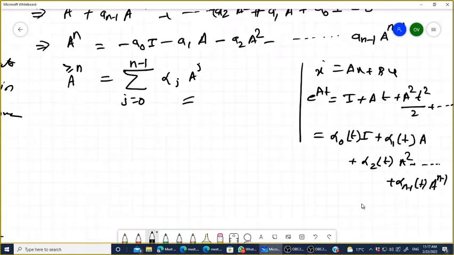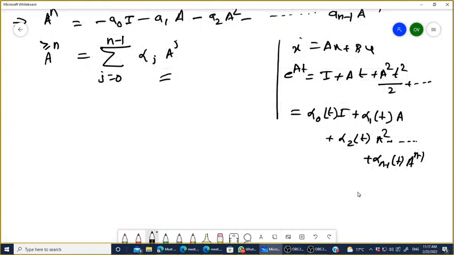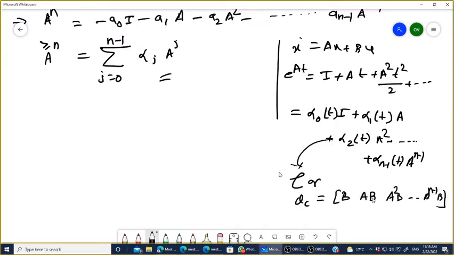Please tell me, okay till here? Yes, sir. Okay. So this may be written as, you know that the controllability matrix, we have written QC equals B, AB, A square B, up to A to the power n minus 1 into B. From this we have written like this.